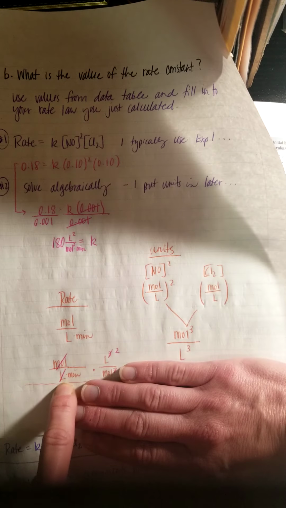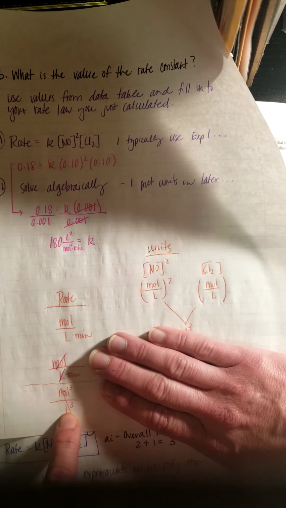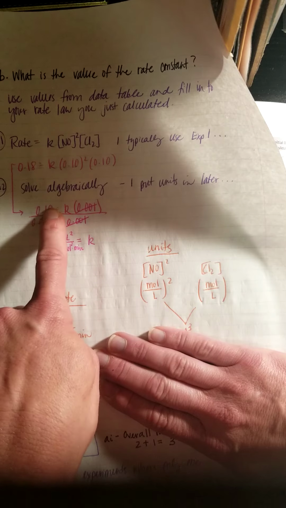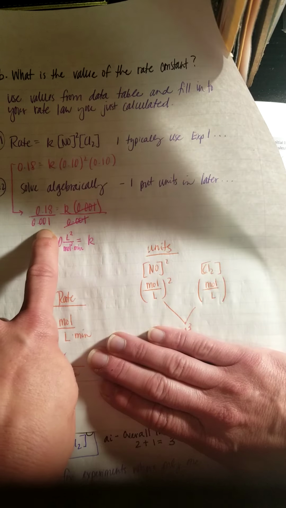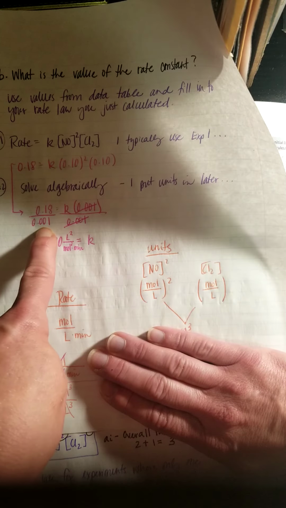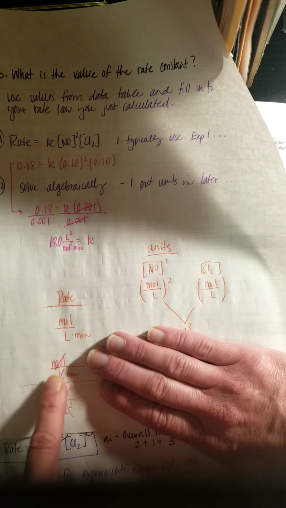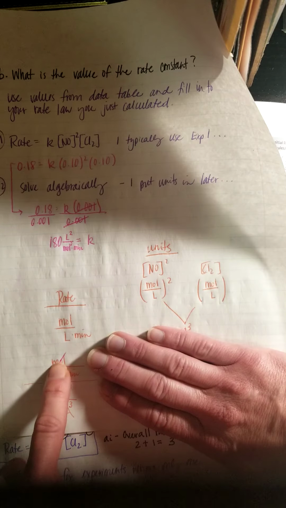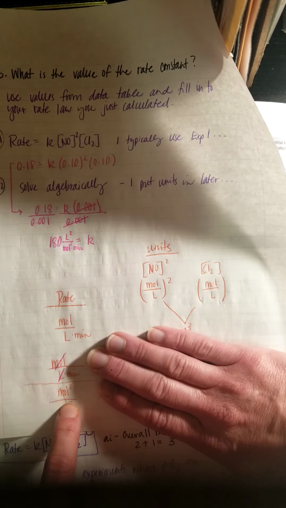So I'm starting here. Then, remember, I was up here, molarity per minute divided by moles cubed over liters cubed, or molarity cubed, whatever you want to say. If I'm dividing by those, this is what it looks like: moles per liter per minute divided by moles cubed over liters cubed.